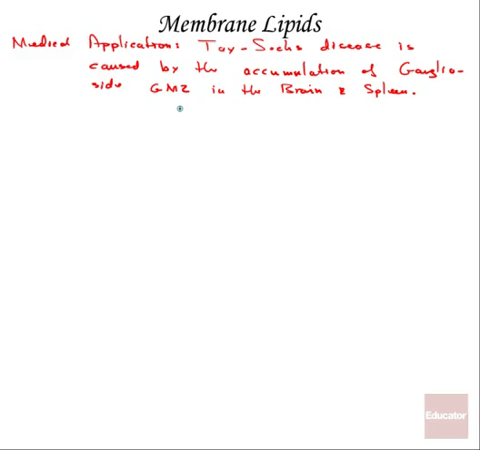Okay, brain and spleen. So Tay-Sachs disease is caused by the accumulation of ganglioside GM2 in the brain and spleen.